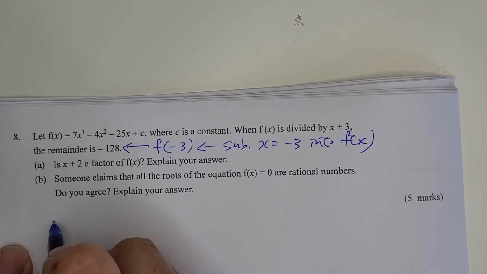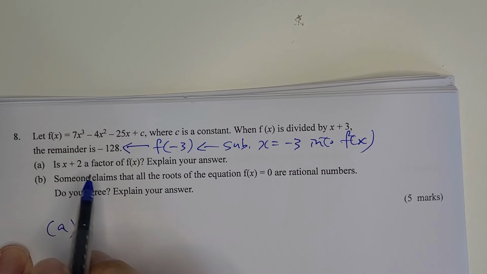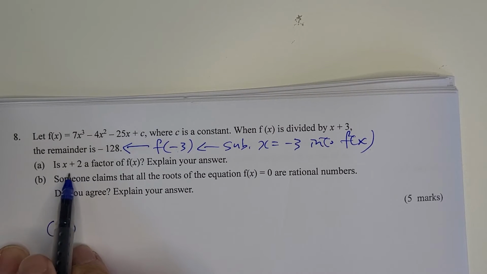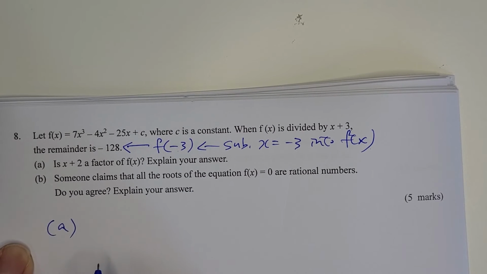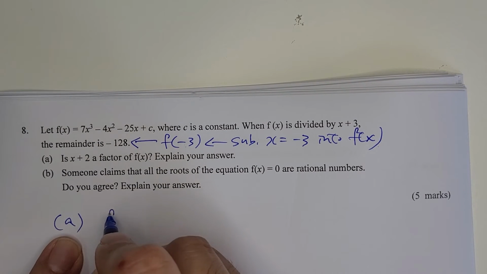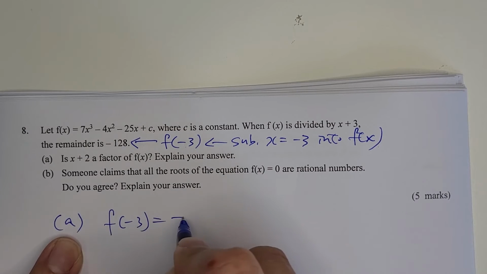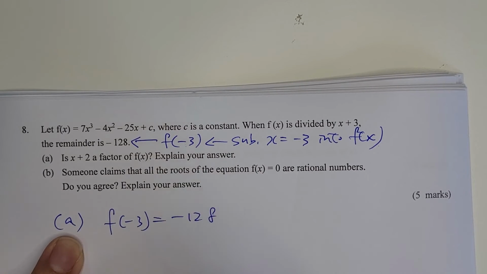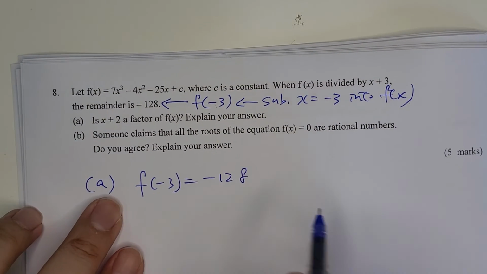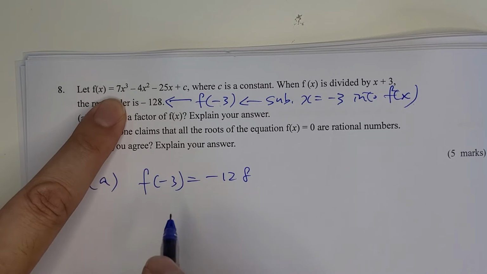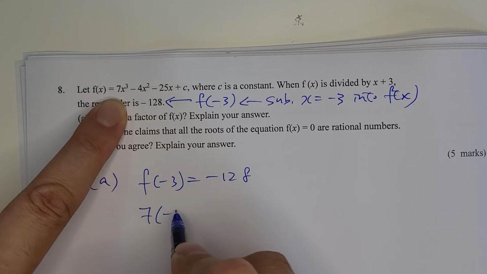So part A, no matter what the question asks, you can find c first. So set f(-3) equals negative 128 by using the remainder theorem. So f(-3), that means this x becomes negative 3.